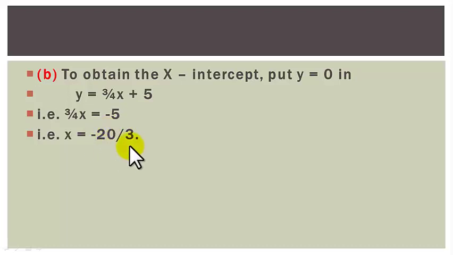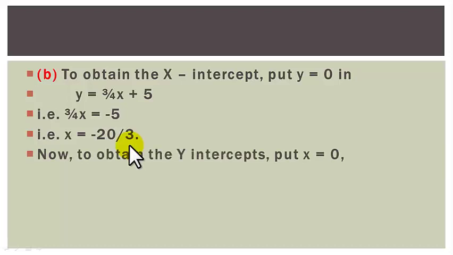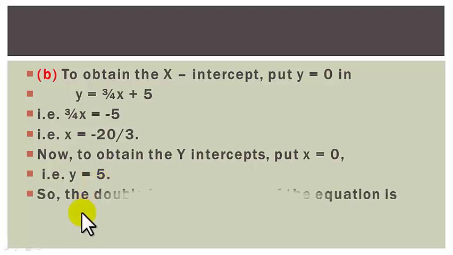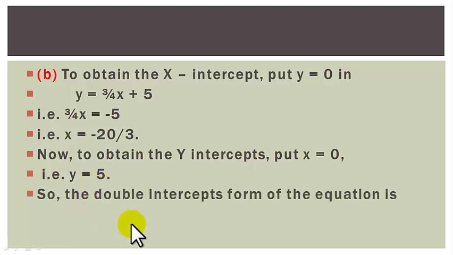So that is the x-intercept. Now, to obtain the y-intercept, we put x equal to 0. Putting x equal to 0 here will give us y equals 5. Therefore, the double intercept form of the equation is x over minus 20 over 3 plus y over 5 equals 1.